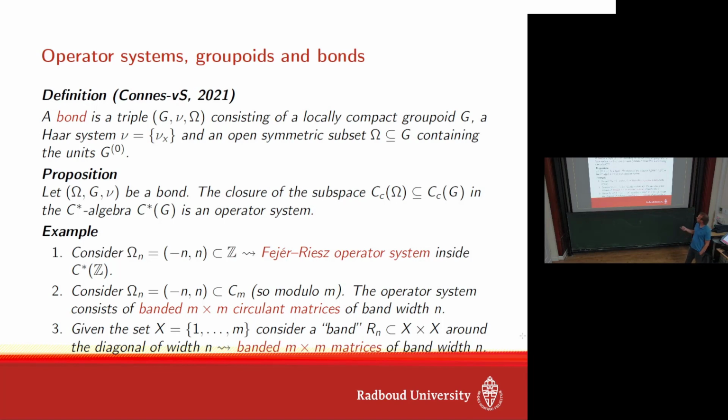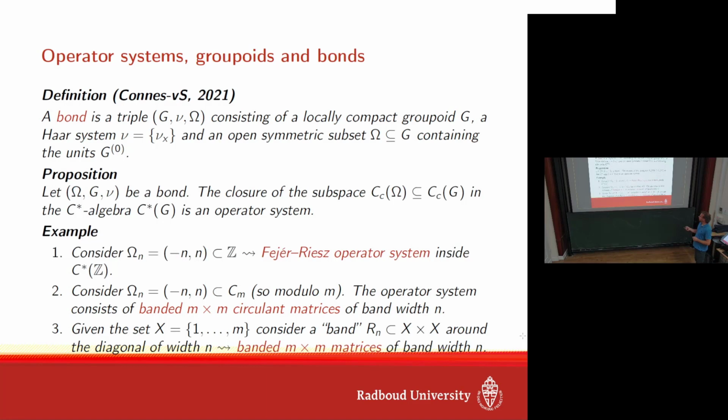So C star Cm consists of circular matrices. And the support condition means that they're supported around the diagonal by a band. So they're different, even though these omega n's are the same. So the ambient groupoid or group is actually important. Another possibility is to take a finite set, and you take a band, Rn, around the diagonal of a certain bandwidth, then you get just banded matrices.